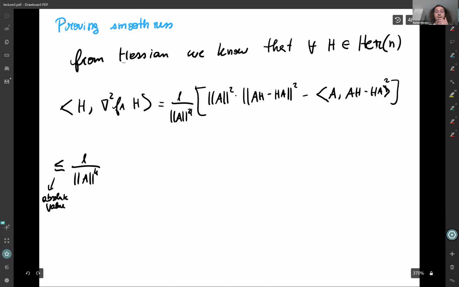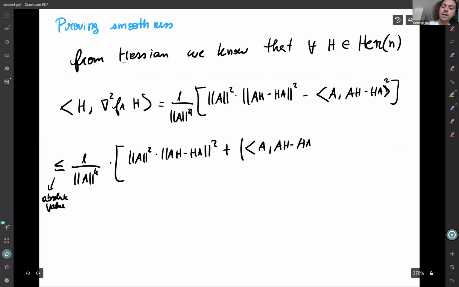We know this is always non-negative, so we can take this guy plus the absolute value of the other one. So we have the norm of A squared times the norm of AH minus HA squared, plus the absolute value of this inner product with AH minus HA, squared.